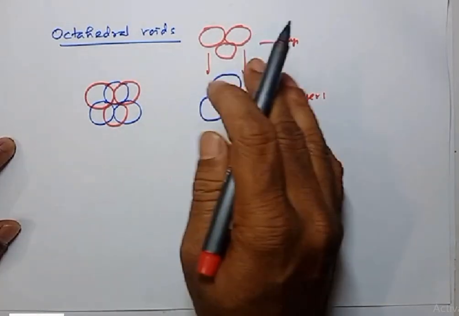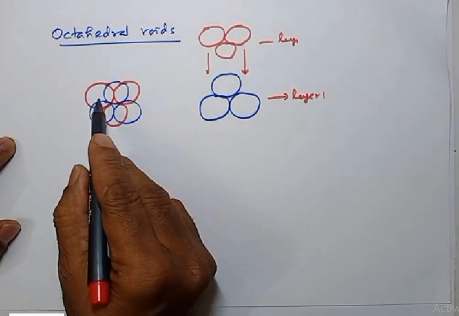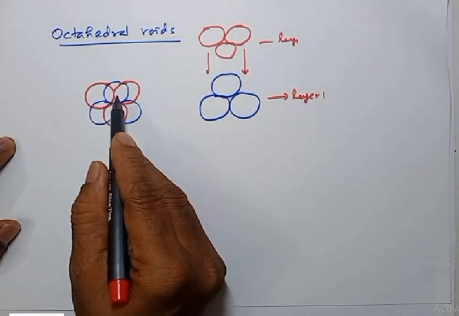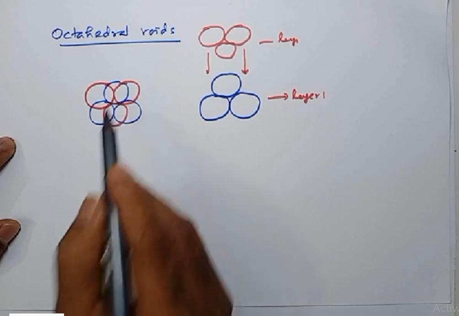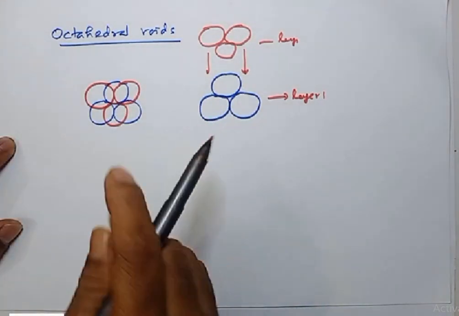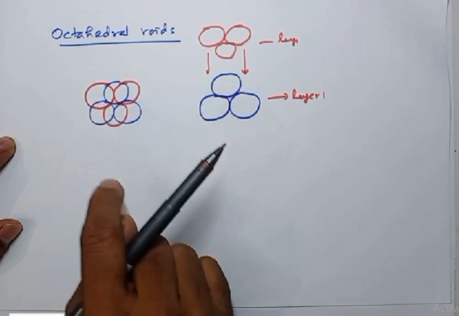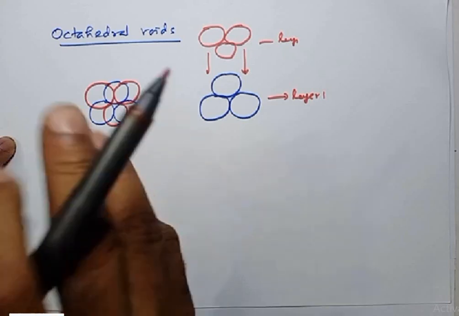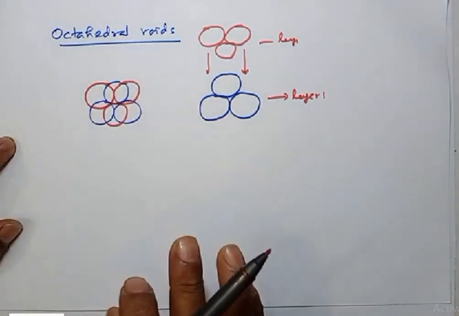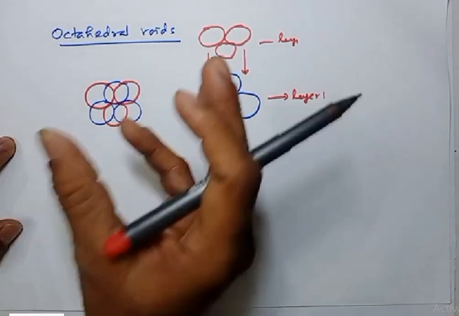Now when you place it like this, observe carefully. Here balls mean atoms. If you join the centers of the above 3 balls and the below 3 balls, and connect all the centers, you will get an octahedron shape.